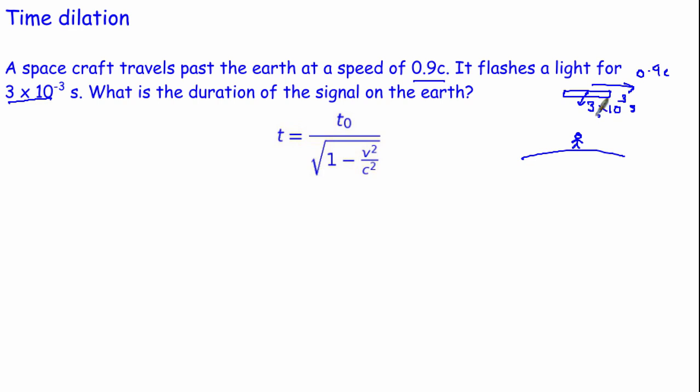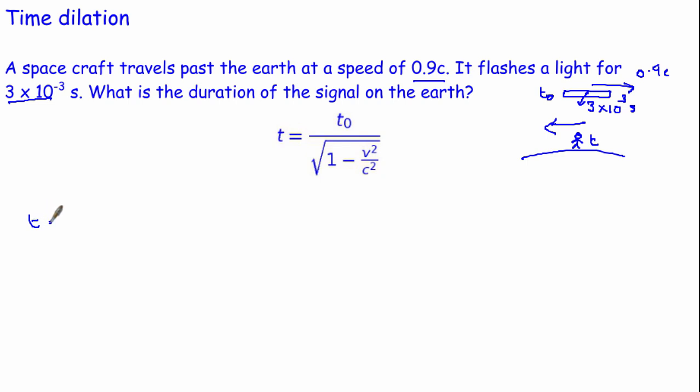In actual fact, what we can consider is we're on the spaceship and we flash the light, and we're not moving. What's happening is the Earth is moving this way. So this is the moving observer. So the time of this person is our relativistic time. The time on the ship is the proper time. So now we've decided that, we can then just put our numbers into our equation.